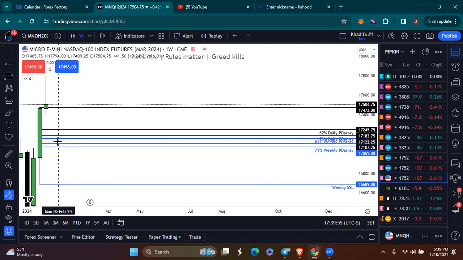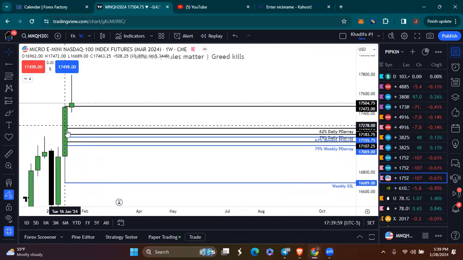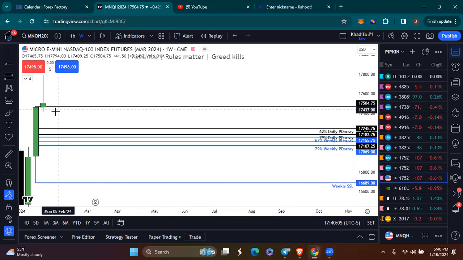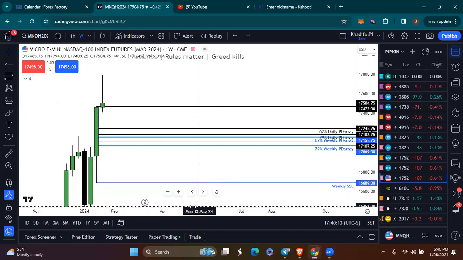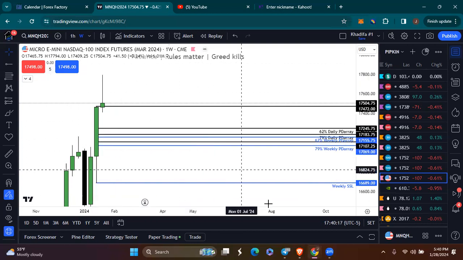Daily and weekly PD arrays from the previous week or week before last that never got revisited. So let's see if price wants to come down here and fill in this inefficiency in the market and use it as a means to go higher.